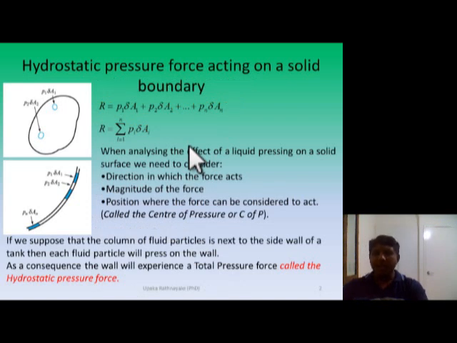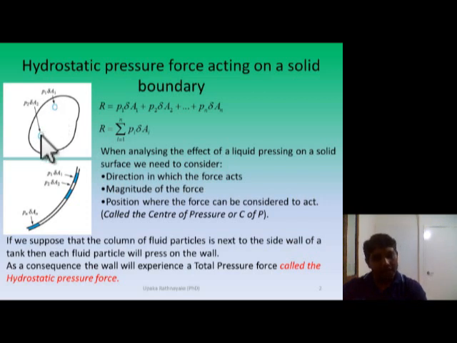Let us consider a plane object which is, say, submerged under a liquid, and assume the total area of this object is A, and we'll consider a small area of delta A1. If the hydrostatic pressure acting on this delta A1 is P1, then the induced force due to pressure on this delta A1 is P1 delta A1.